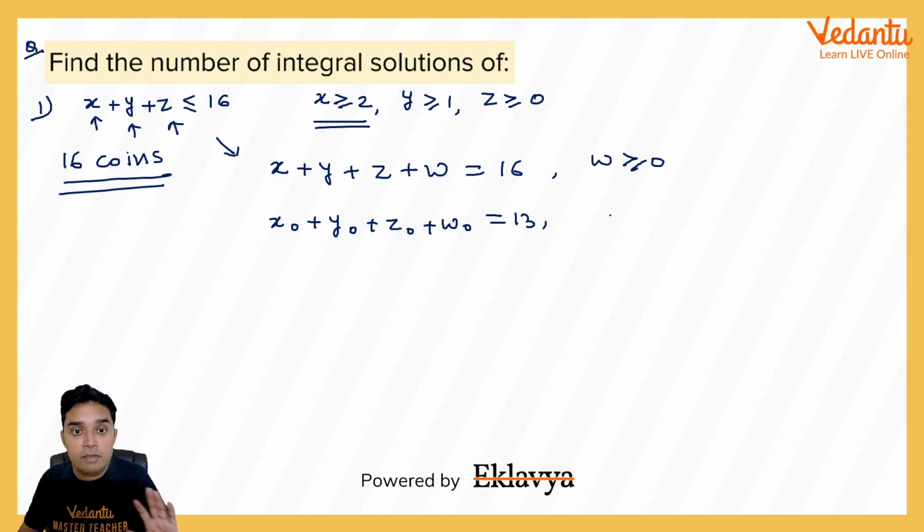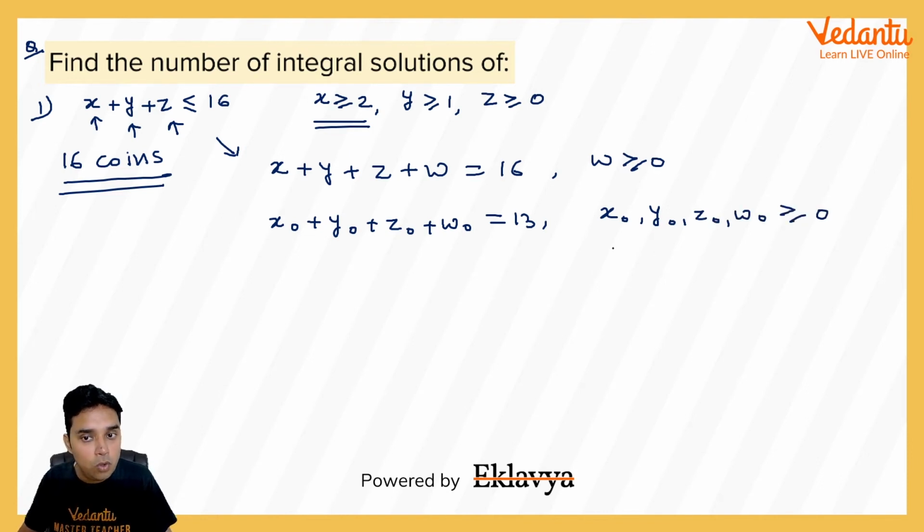Now we are in the condition where we are not forced to give any coin to any beggar. All these x0, y0, z0, w0 are greater than or equal to 0. So this is a perfect condition for the beggar coin method, and hence we can apply the formula. The number of coins is 13, the number of beggars is 4, so 4 minus 1, C 4 minus 1.